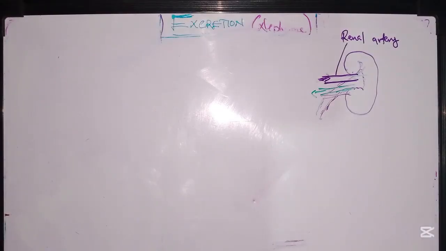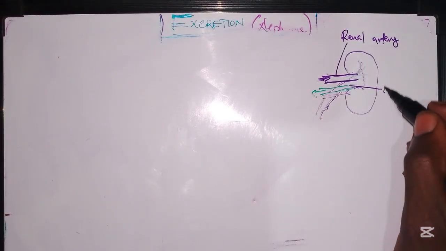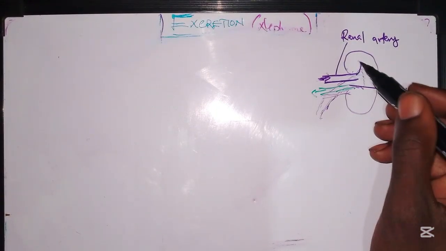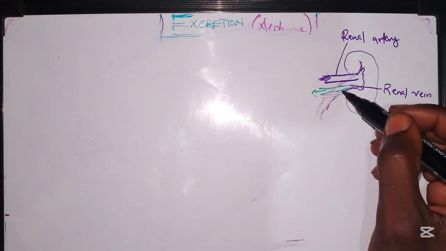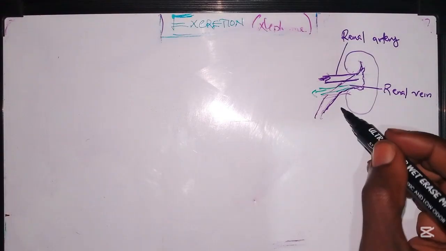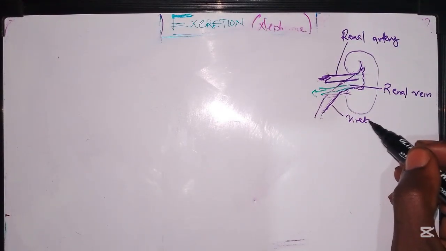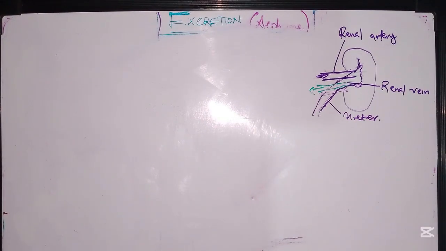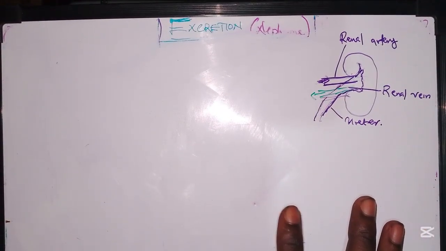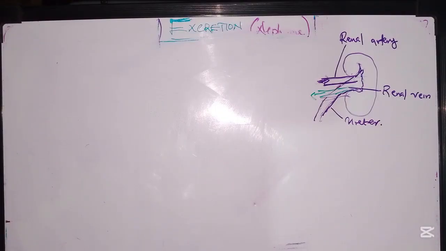The blood vessel which takes deoxygenated blood away from the kidney is known as the renal vein. We also have another structure which takes urine from the kidney to the bladder, which is known as the ureter. These were the 3 structures we looked at when we discussed the structure of the kidney.